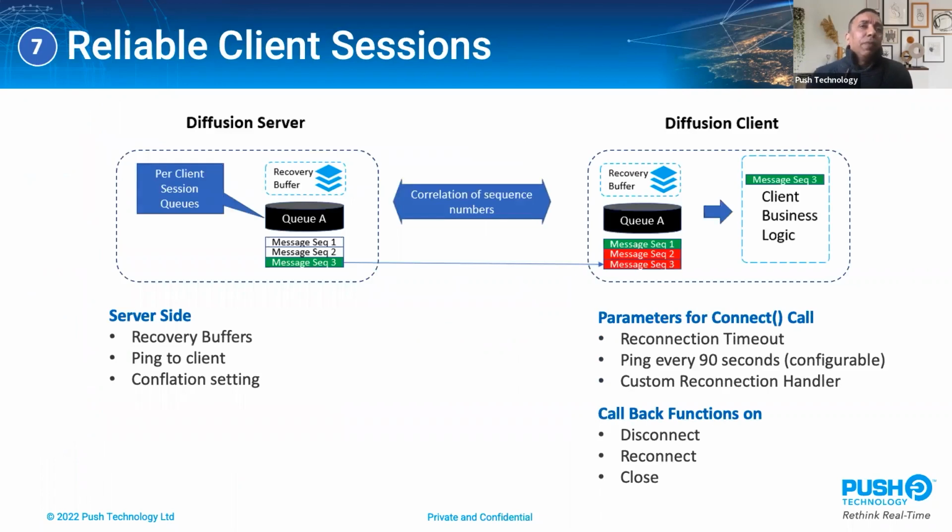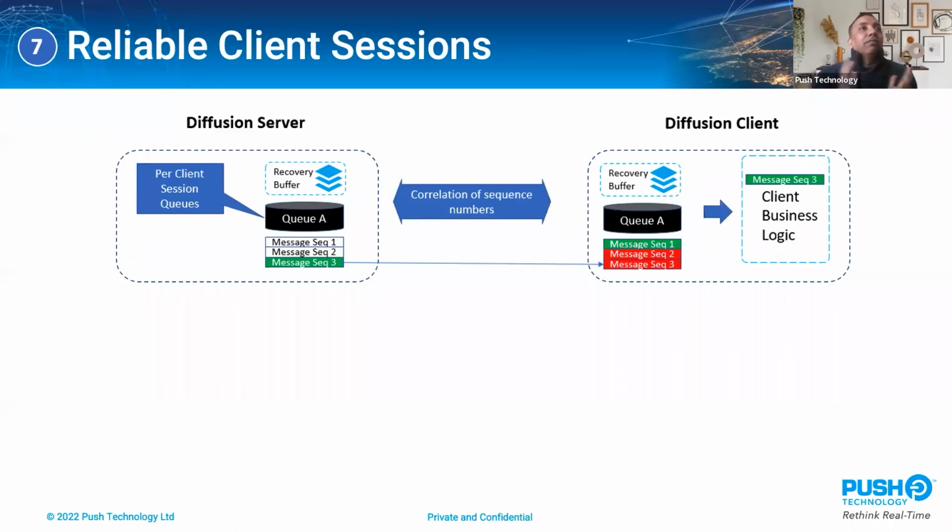And finally, reliable connections. As I just mentioned in the previous slide, what happens when a client connects and disconnects and wants to reconnect? We have recovery buffers on both the server and the client, so that no information is lost. You can have a global parameter on how long to retain the messages. Let's say the server had sent message 2, but the client did not receive it by the time it disconnected.